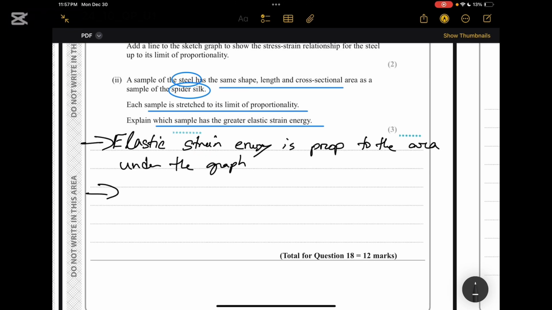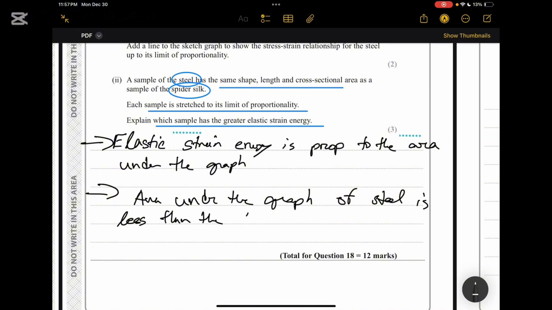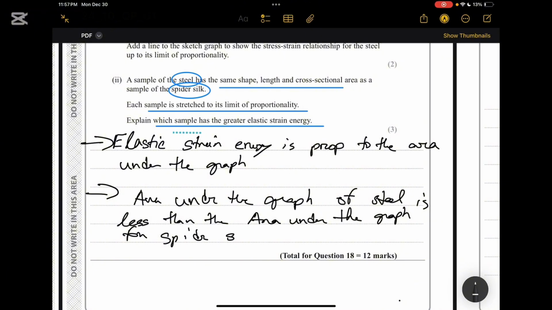Then area under the graph of steel is less than the area under the graph for spider silk.